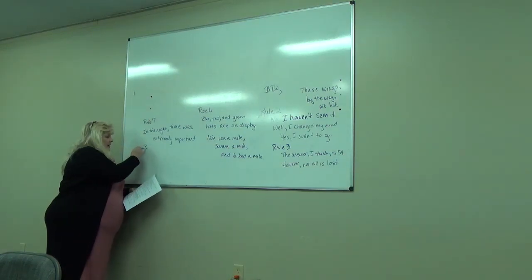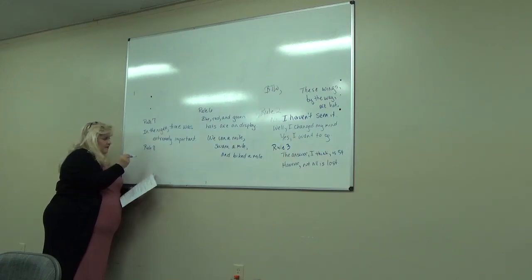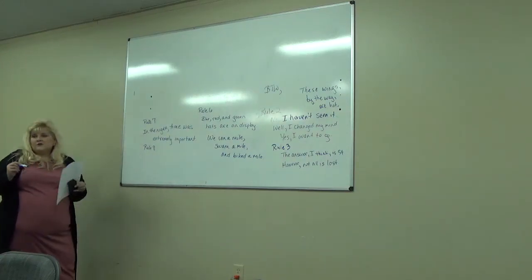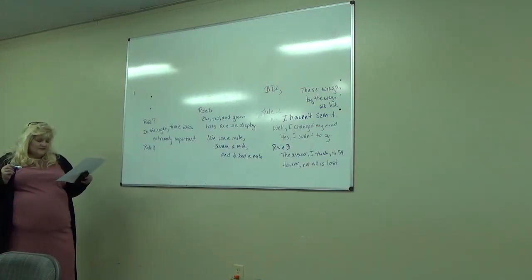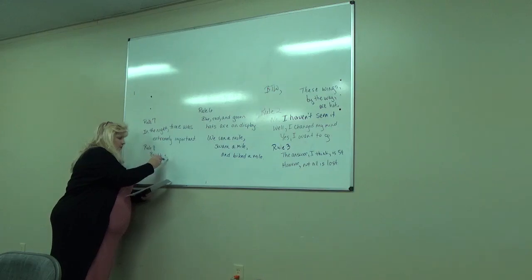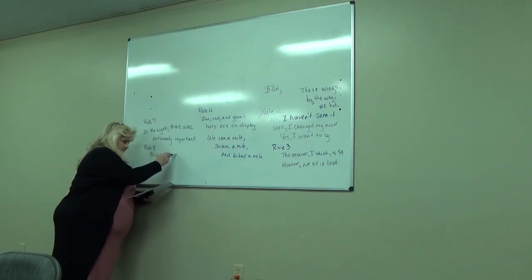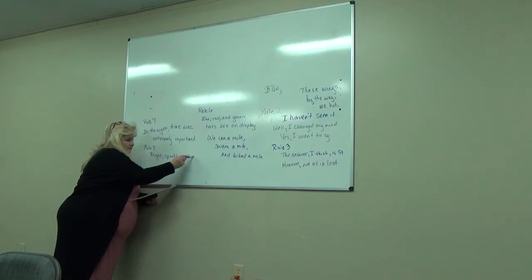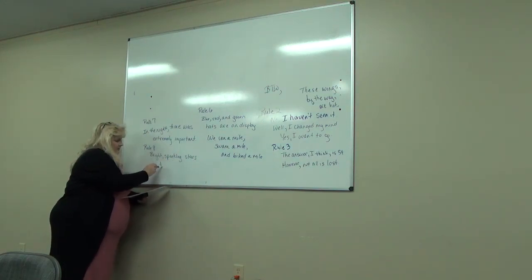And then rule 8. Use a comma between two descriptive adjectives. So if I say bright, sparkling, stars twinkled in the night.